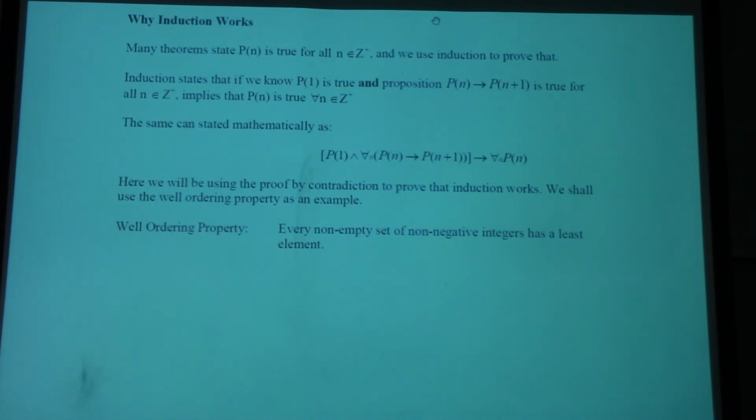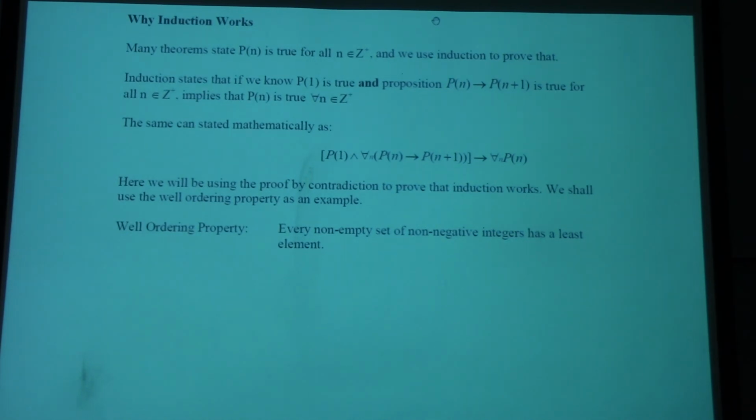So we're going to use something called the well-ordering property. And the well-ordering property is a very simple property. It says that if a set is non-empty and it has non-negative integers, then it has a least element.